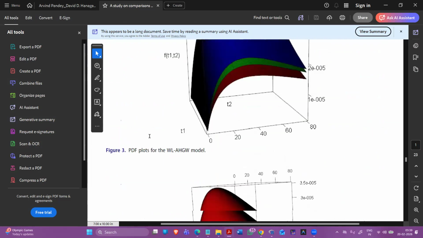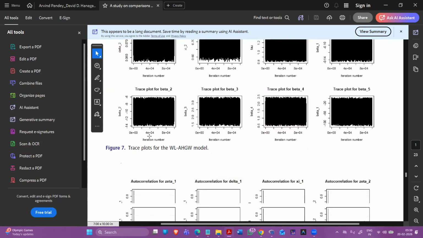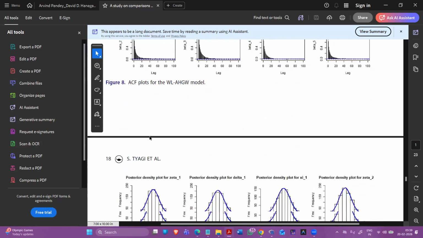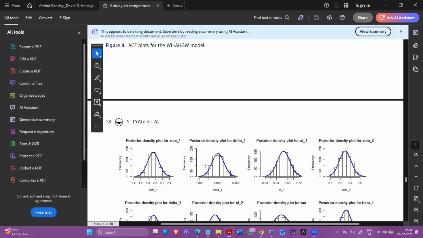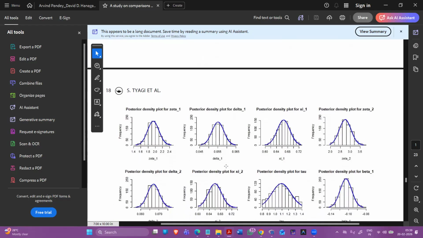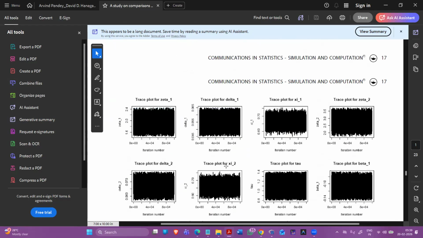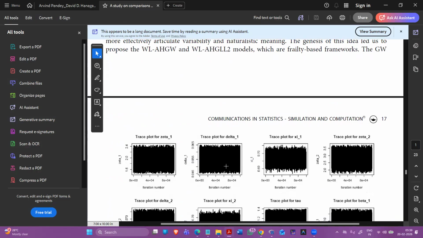So if I just see here, I am getting the plot that is showing proper convergence, but not the exact one. But the test is showing that. What is the difference between applying the test and the graphical representation? Here it is showing perfect mixing, yes or no, this graph showing perfect mixing as well as convergence.